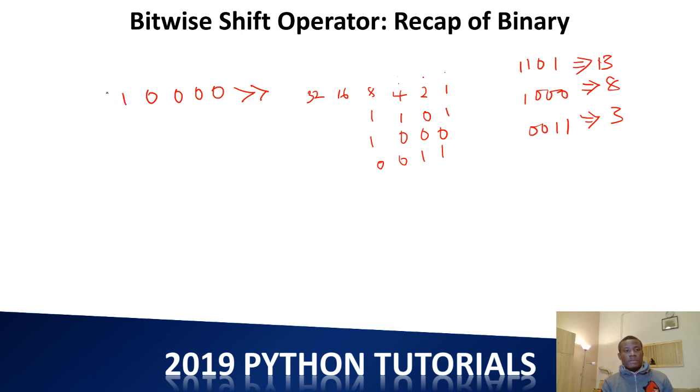Logical shift right shifts the bits to the right, like this. 1100 becomes 0011, shifting in this way. We'll go back to Python to see how it works. I'm going to explain it more in Python.